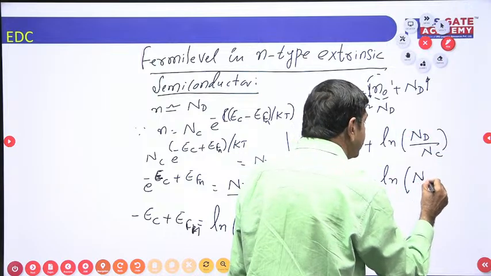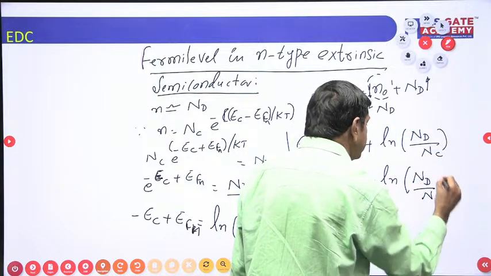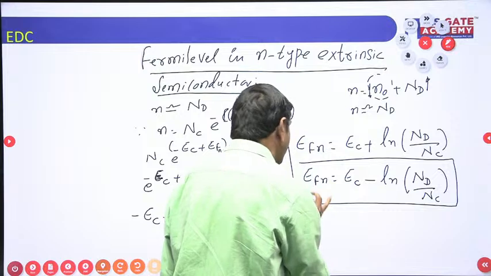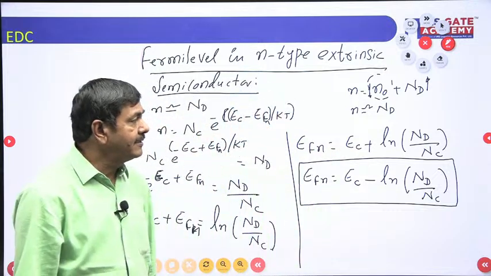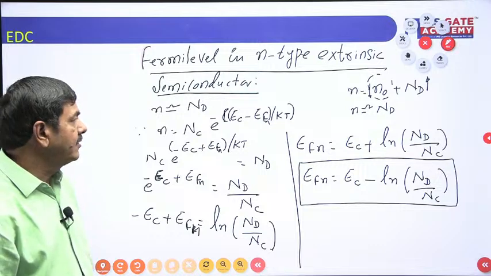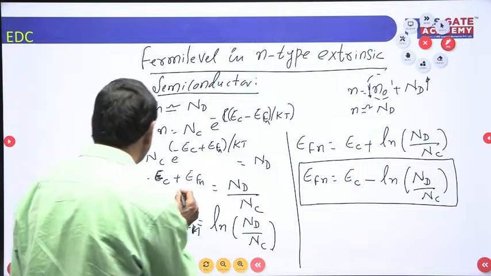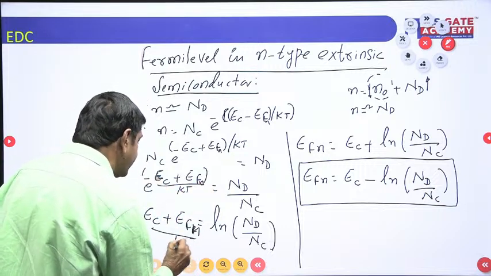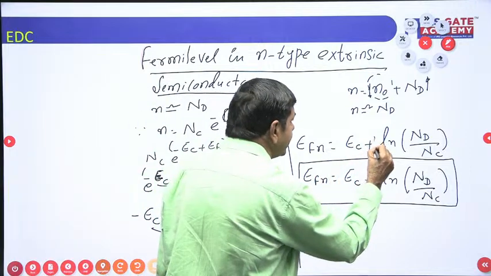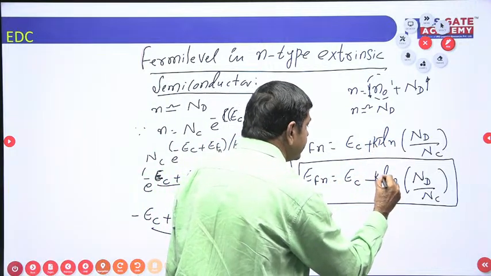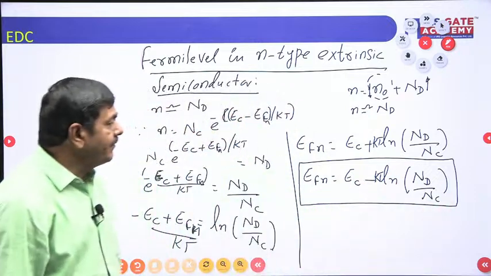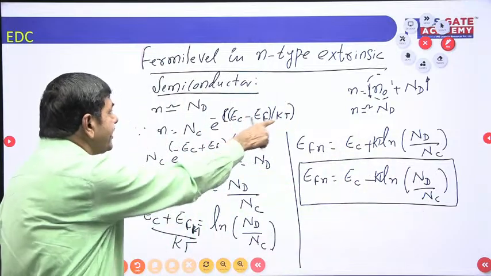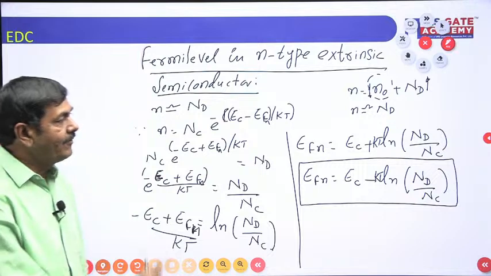By using this formula, you can determine the Fermi level in n-type extrinsic semiconductor, you can calculate. kT is there now, that kT is existing from the beginning. It is existing here already. Yes, now perfect. EFN equal to EC minus kT into ln of ND by NC. Why this kT means already from the beginning kT is there now. Understand now. This is the formula we can apply only now.